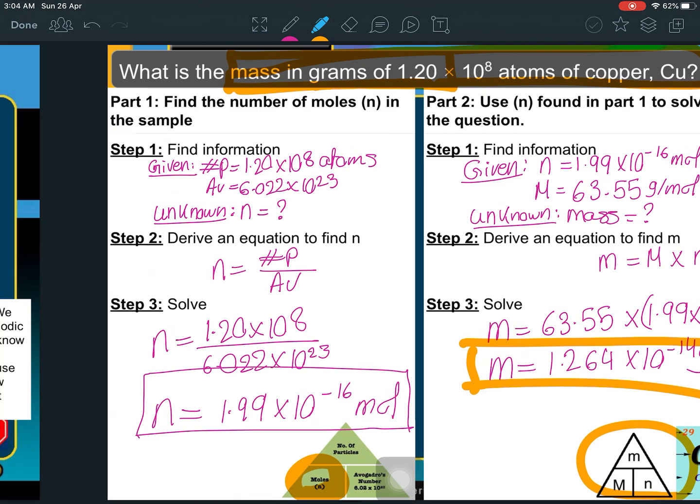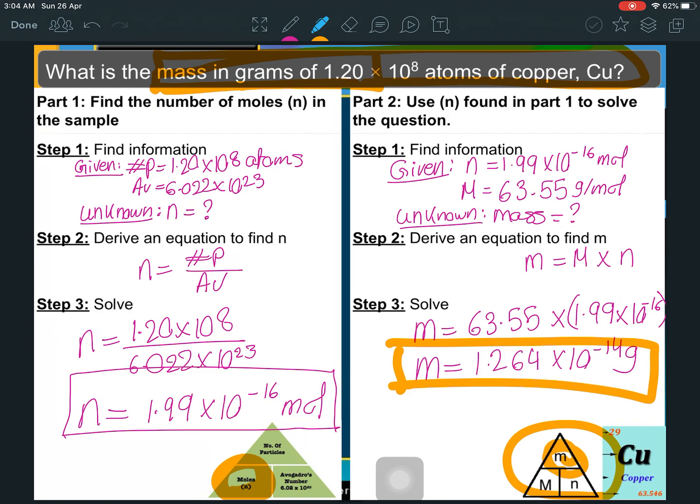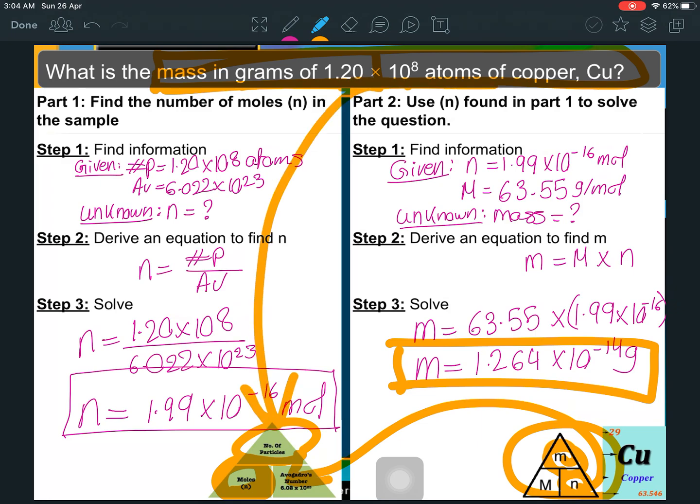Then I would have to start with this triangle because they gave me the mass, and then I have to find number of moles and go and work with this triangle to find the number of particles. So whatever is given to you tells you which triangle to start with, okay? And then you find the moles and you go to the next triangle.